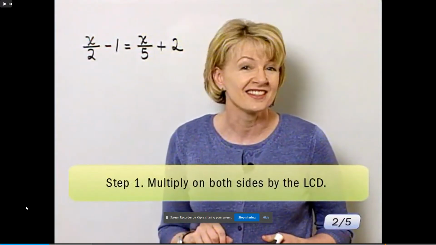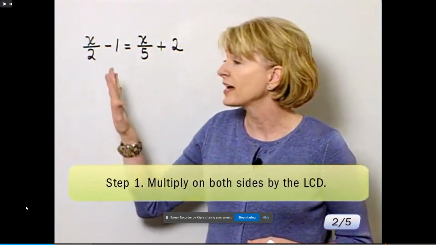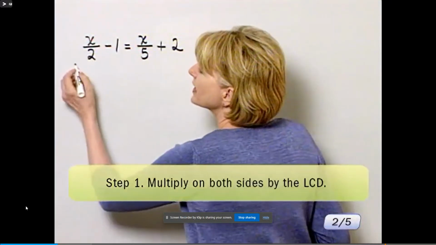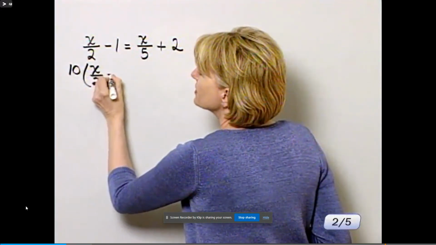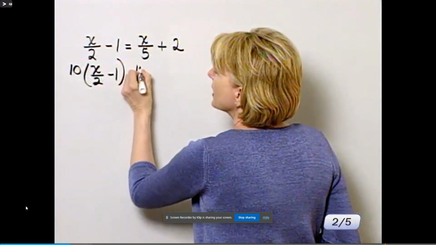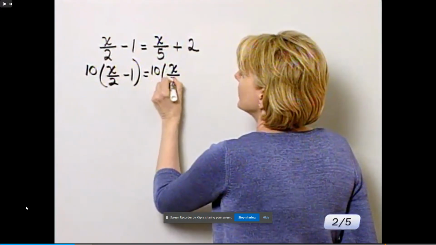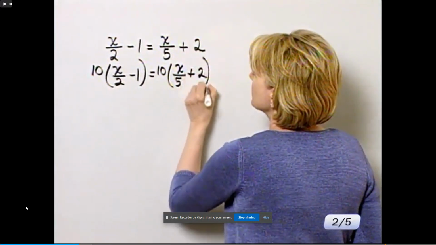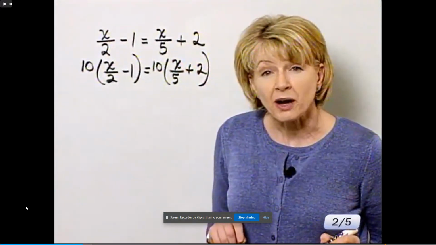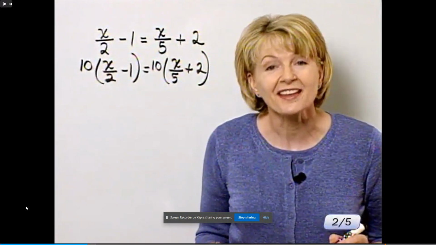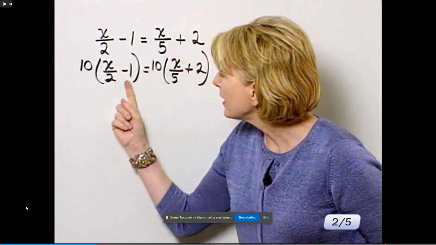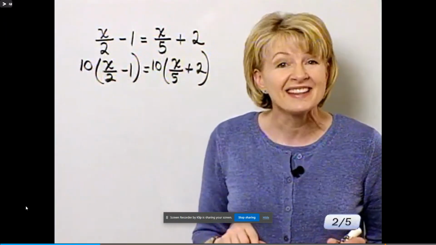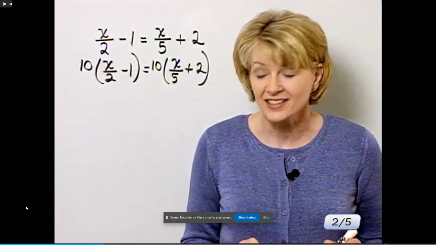The LCD is 10, so I'll multiply the left side of this equation by 10 and the right side of this equation by 10. And let's talk about what that means then. By the distributive property, do you see that the result is we end up multiplying every single term in the equation by 10?